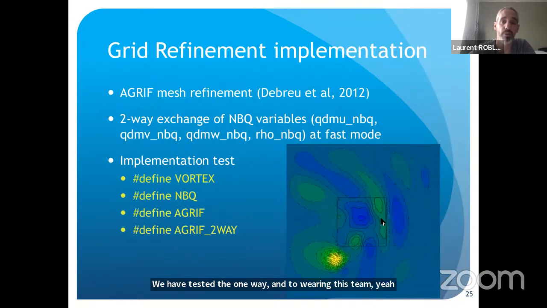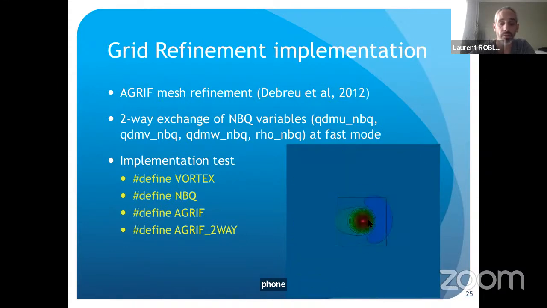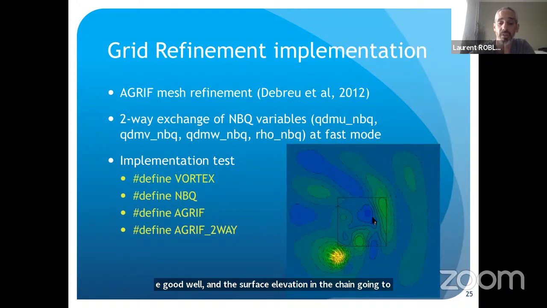Here we see the surface elevation contour of the vortex from the parent grid, which is over the whole domain, in dashed lines, and the surface elevation in the child grid region, the center part of the domain, in solid isolines.